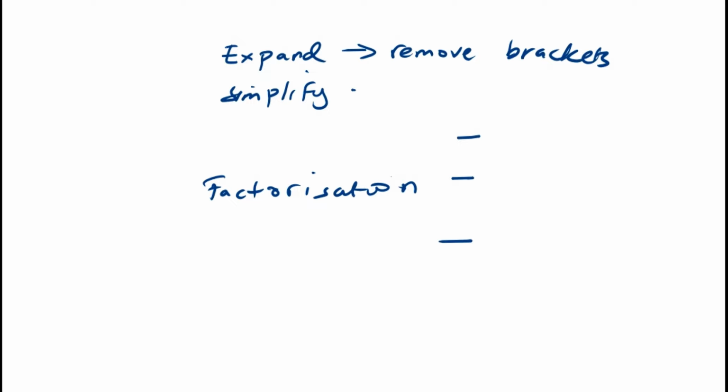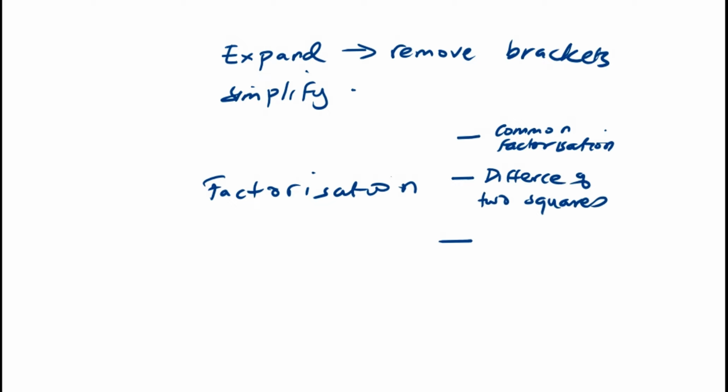Okay, and I'll briefly mention them and then we will give a more detailed explanation to this. So these three are: one, common factorization, which we will be considering in this lesson. Then there is another kind of factorization based on what we call difference of two squares.